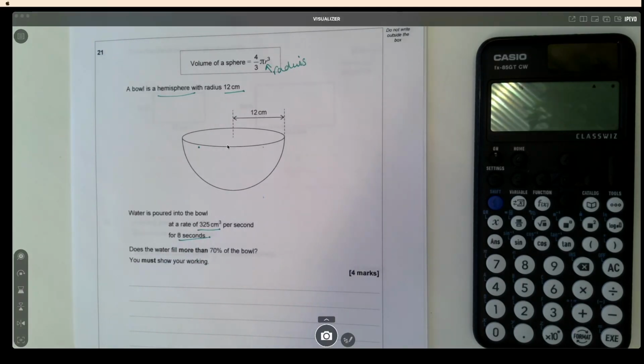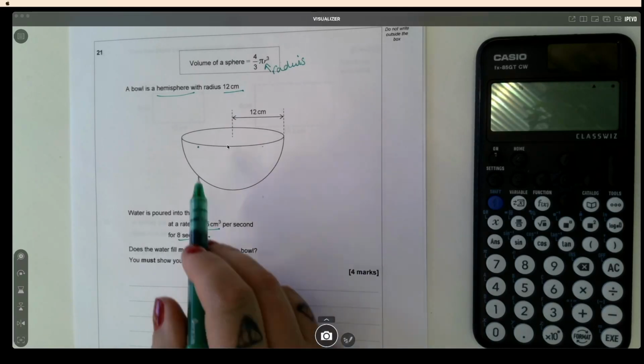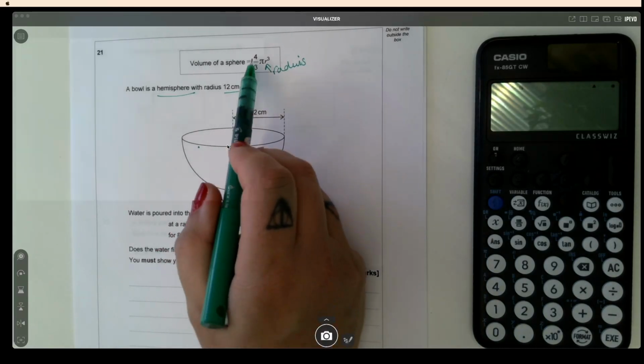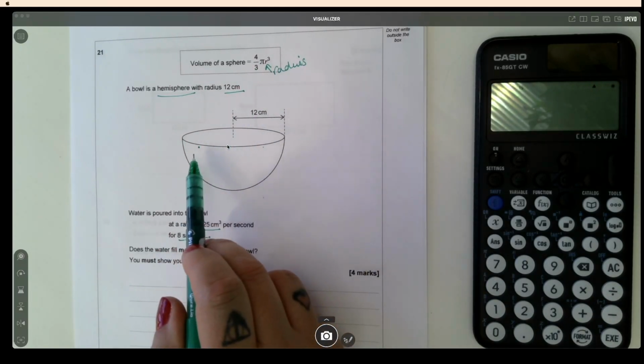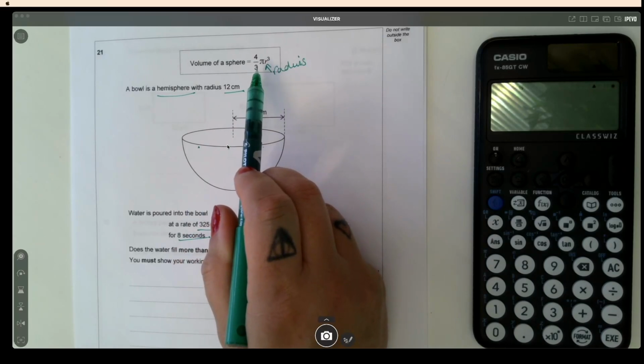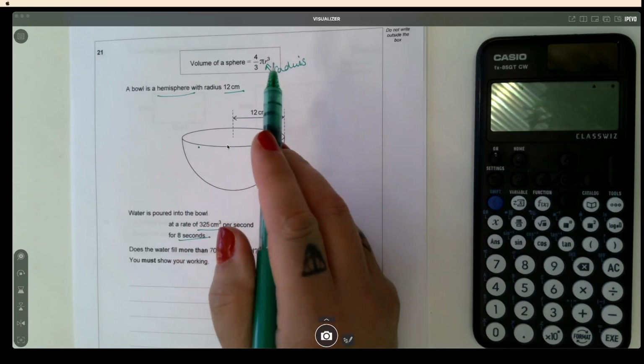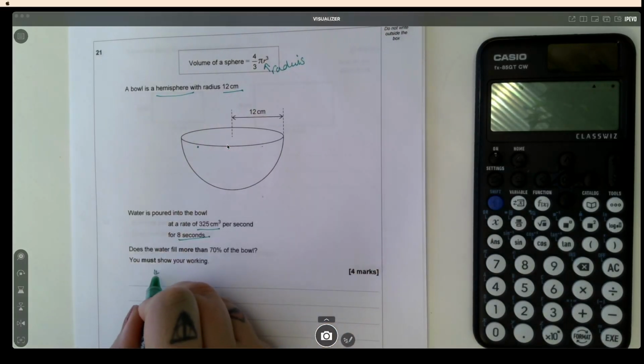So first thing we need to do is find the volume of this bowl. They've given us the formula for the volume of a sphere, but we've got half of a sphere here, so we're going to have to find that volume and then halve it. So we're going to start by substituting.